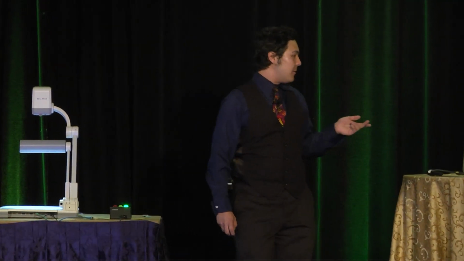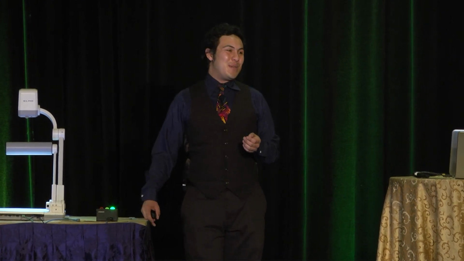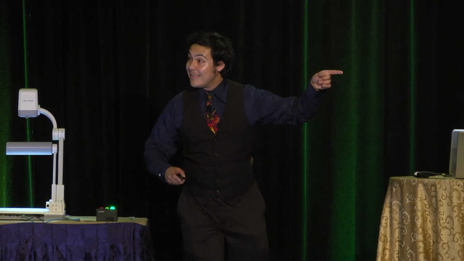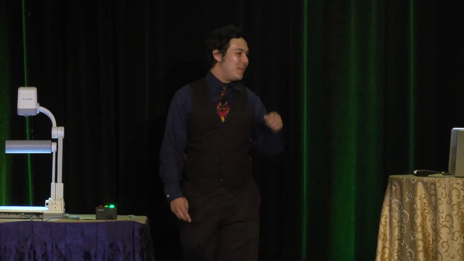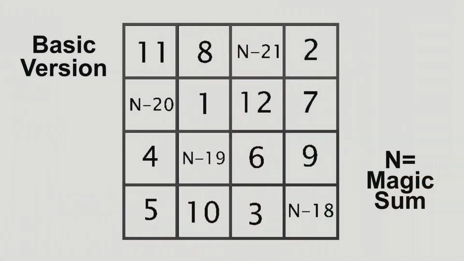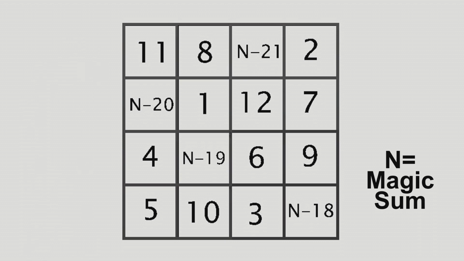Yes? Oh, good. So this is the basic version. This allows you to do any magic square. If you memorize this, you just subtract the proper numbers, then voila, you've got it. So that is the basic version.